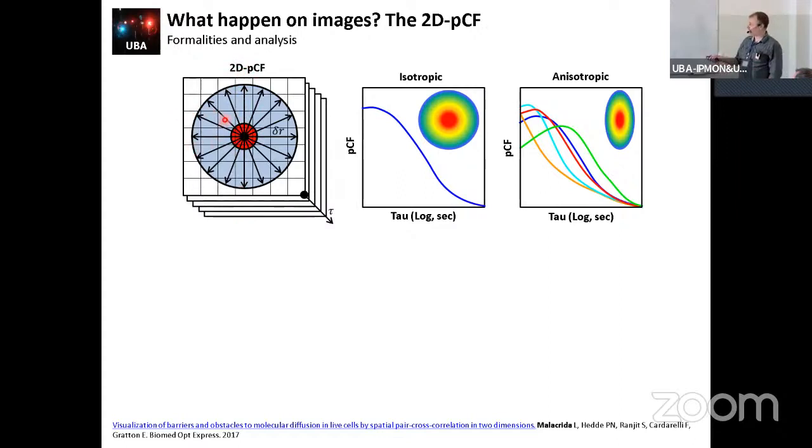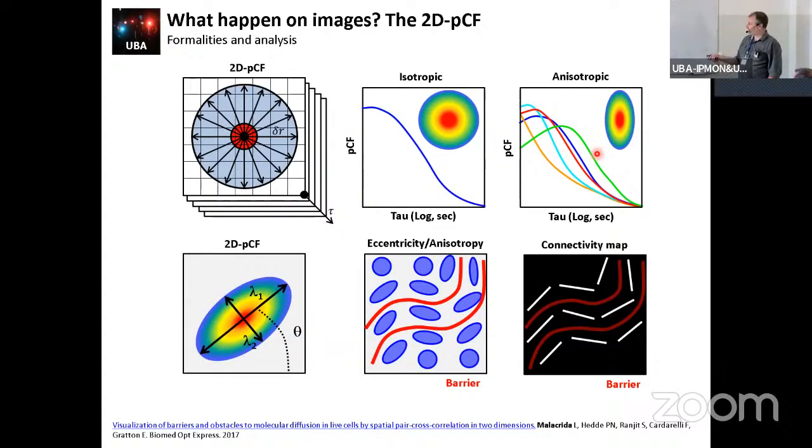If you have isotropic diffusion, which means that in all directions you have the same probability of finding the molecule over a certain distance, over a certain time, you will have a pattern like this for the pair correlation function in this pixel. However, if you have a barrier, you will see a heterogeneous distribution. In particular, in one direction the pair correlation will reach farther than in the other, because diffusion in this direction is possible, and in the other is not.